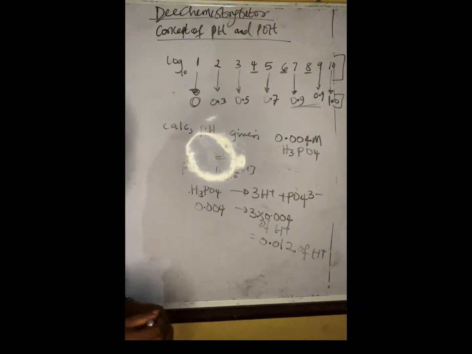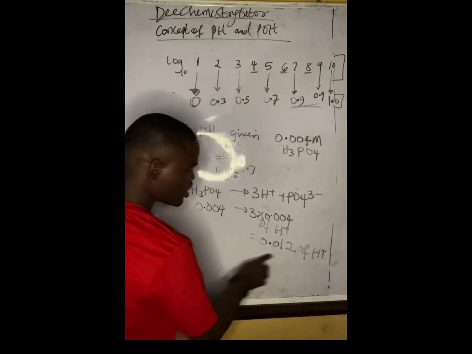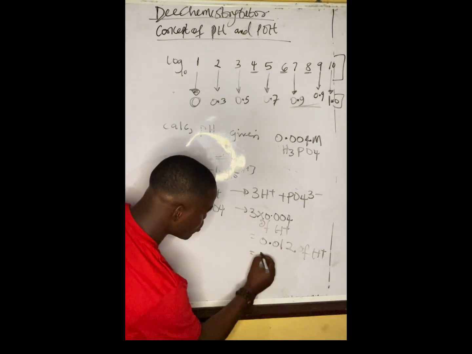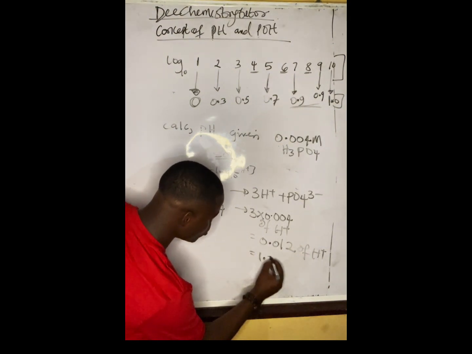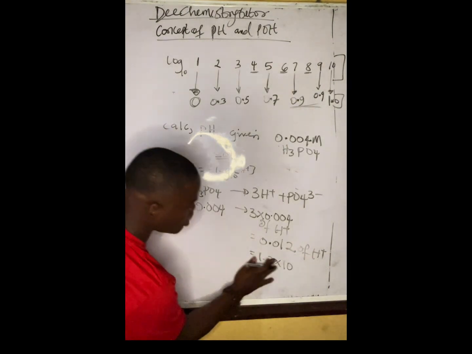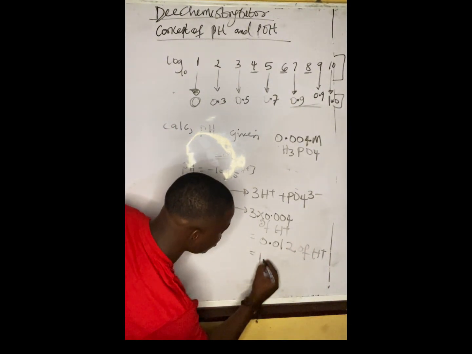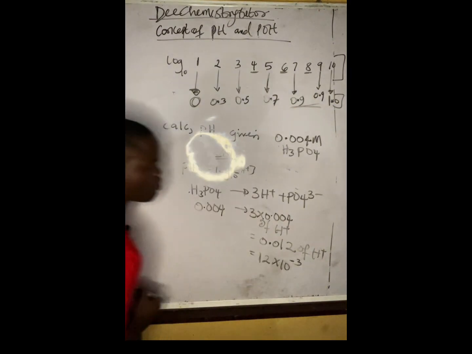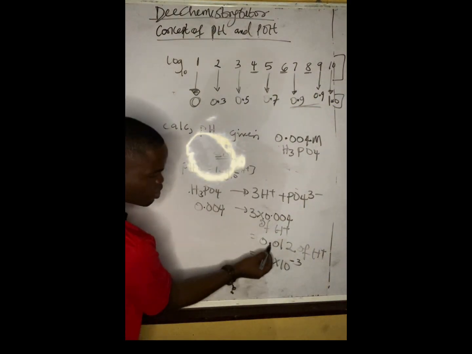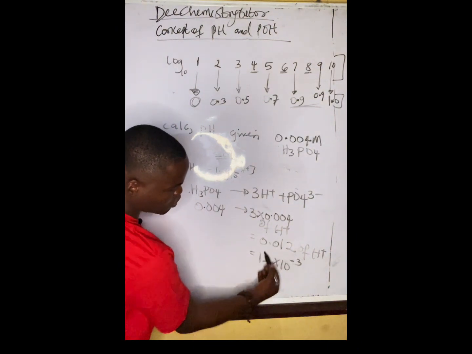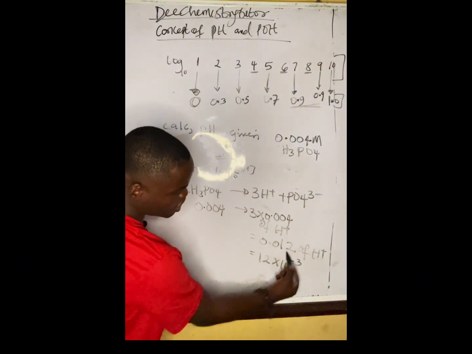Now, that is not where we are going. There's still a trick to this. That means this is 12 times 10 raised to minus 3. Counting 1, 2, 3, because it's this way, it will be minus.